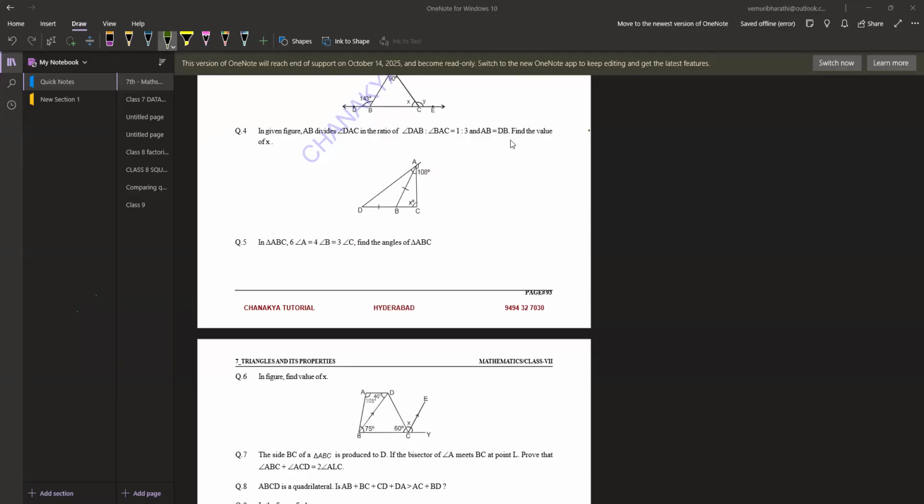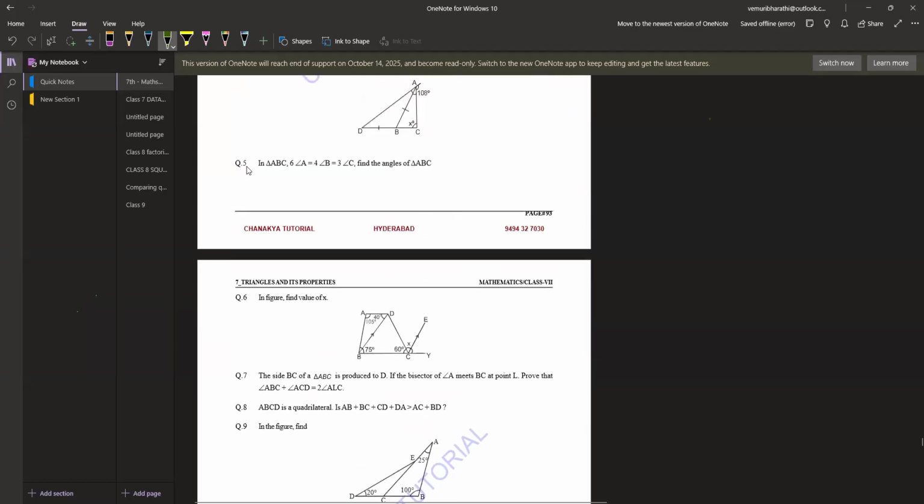Arya, please respond, question number 5 is ready for you. There is no figure for the question. Just see the given condition in triangle ABC, and roughly draw a diagram.